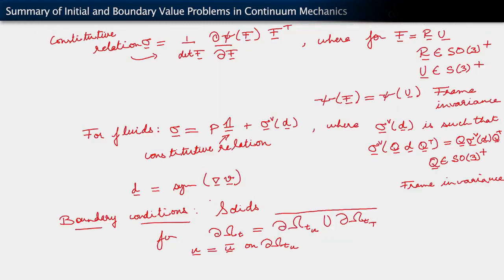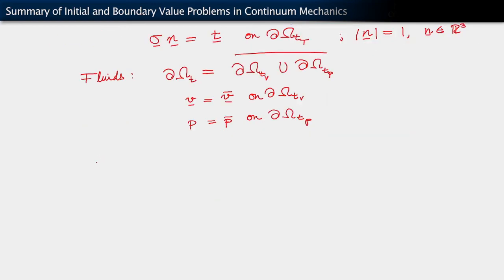So let's talk about initial conditions. Again, let's talk about solids first. Now that partial time derivative I circled, going back a couple of slides, has the following form. We have partial of v with respect to time.